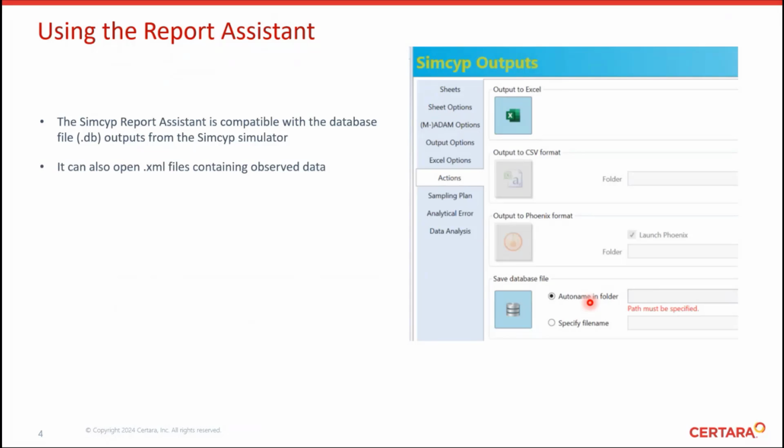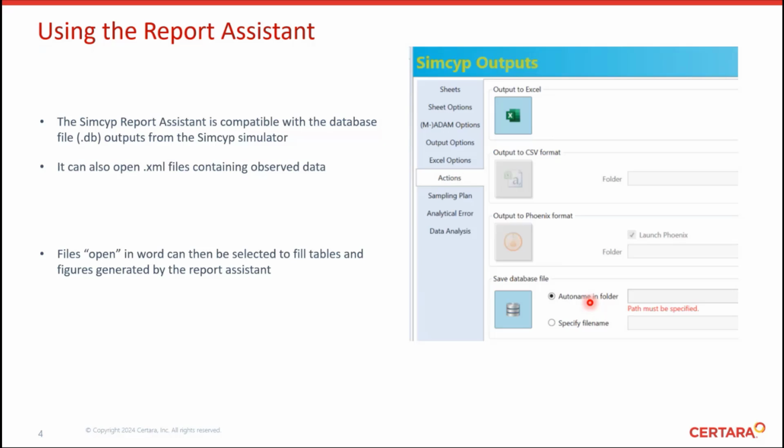The Report Assistant is also compatible with .xml files. These are generated with a Simcyp Excel plugin, and you can use them to add observed data that you may want to overlay onto concentration profiles. They work within the Simcyp simulator, but they also work with the Report Assistant.